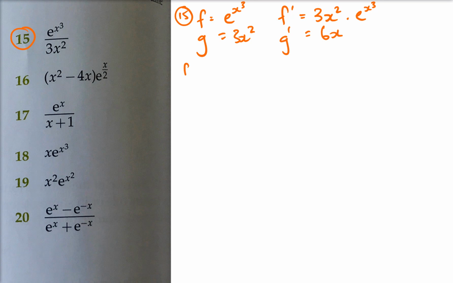So when you write down the quotient rule, which is one divided by the other, it's the bottom one times the top one differentiated, minus the top one times the bottom one differentiated, all divided by the bottom one squared.